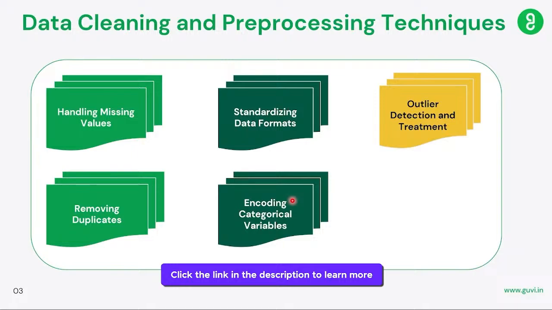For example, I have a feedback score on a scale of 1 to 5. Obviously 2 is greater than 1, 3 is greater than 2, 4 is greater than 3, and 5 is greater than 4. So there is some order present. So I'm going to do a label encoding here because it's ordinal in nature.